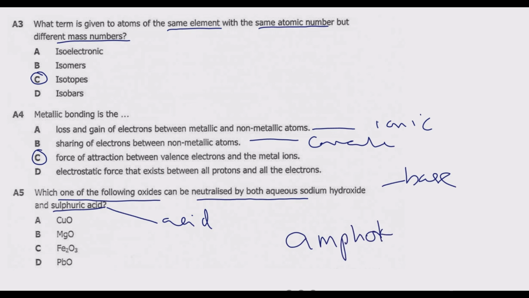Amphoteric oxides. So examples of amphoteric oxides include aluminium oxide, which is this one. Then you have zinc oxide.